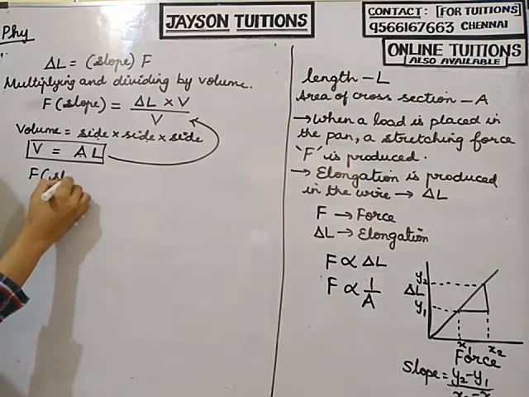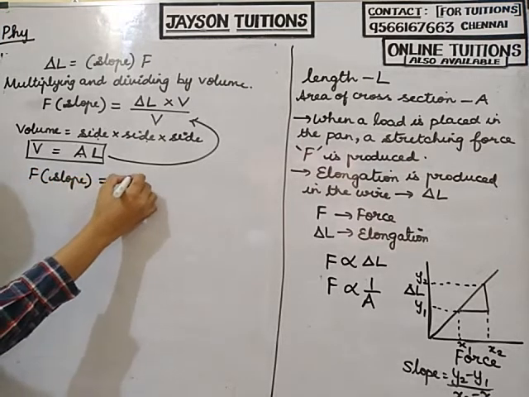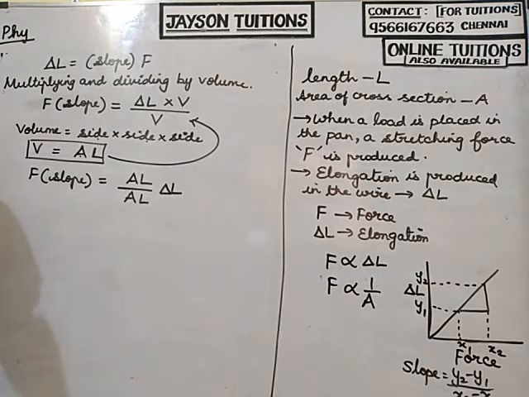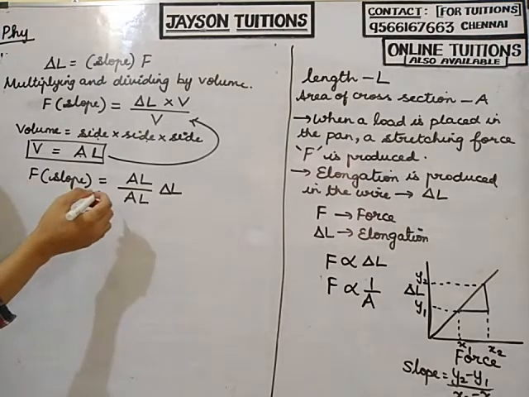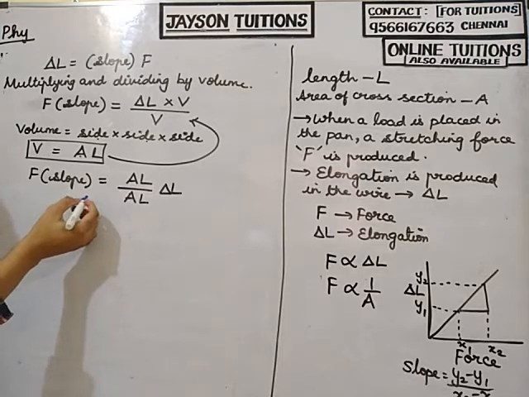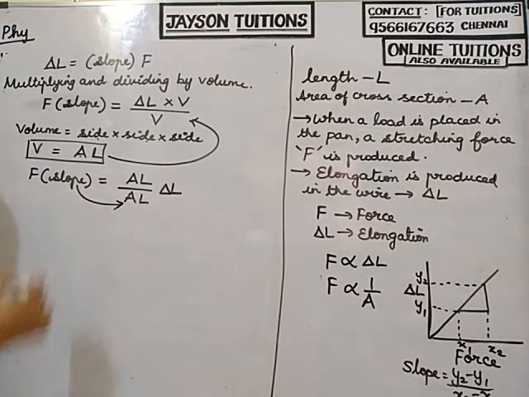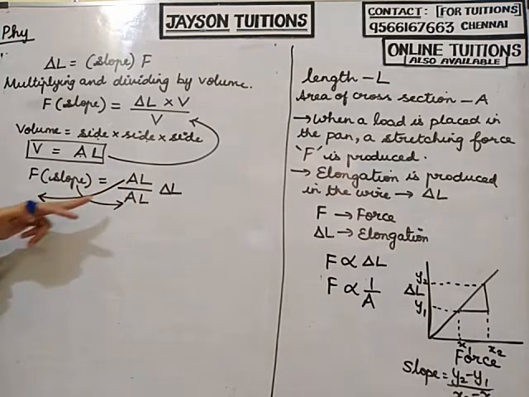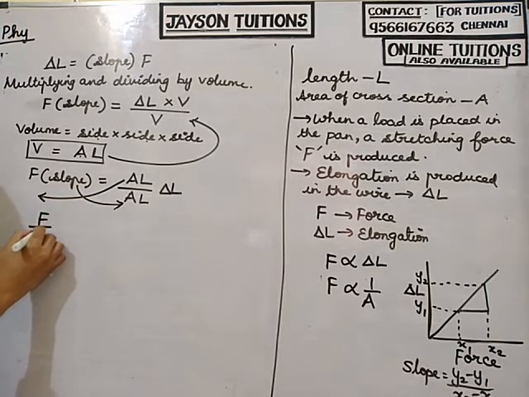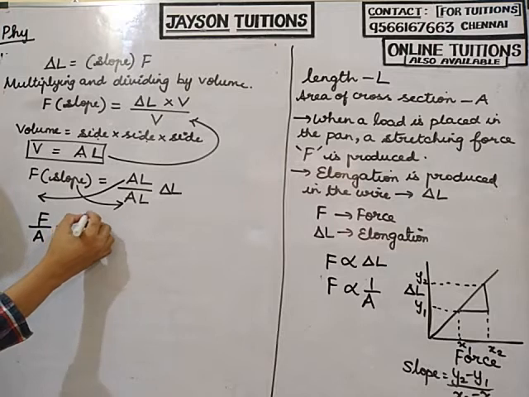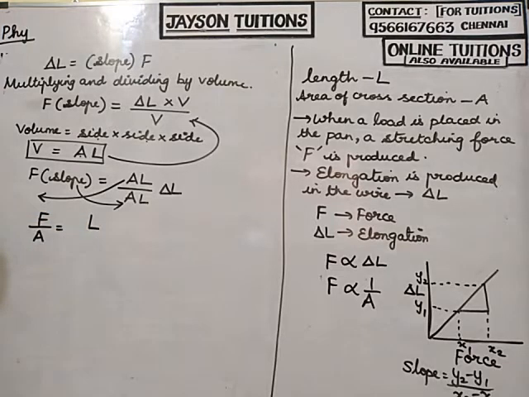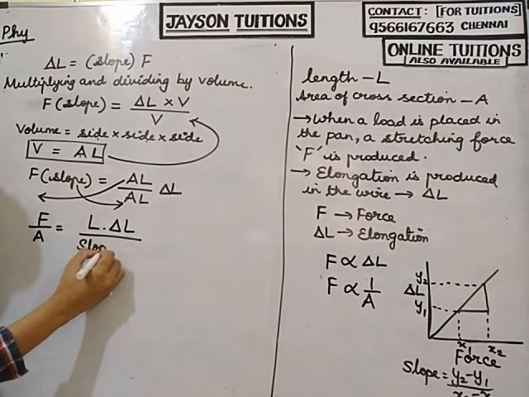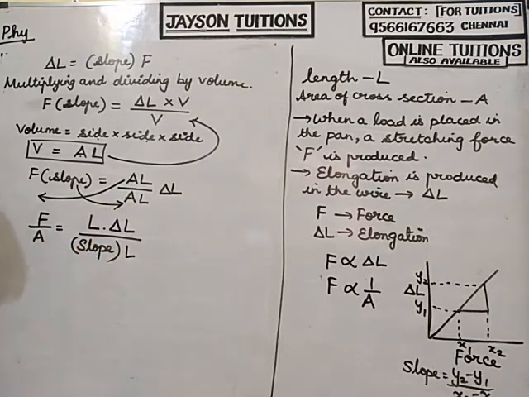So I will get force into slope is equal to AL divided by AL into delta L. I am going to bring the slope to the denominator, and the area to the denominator on this side. So F by A is equal to L into delta L divided by slope into L.